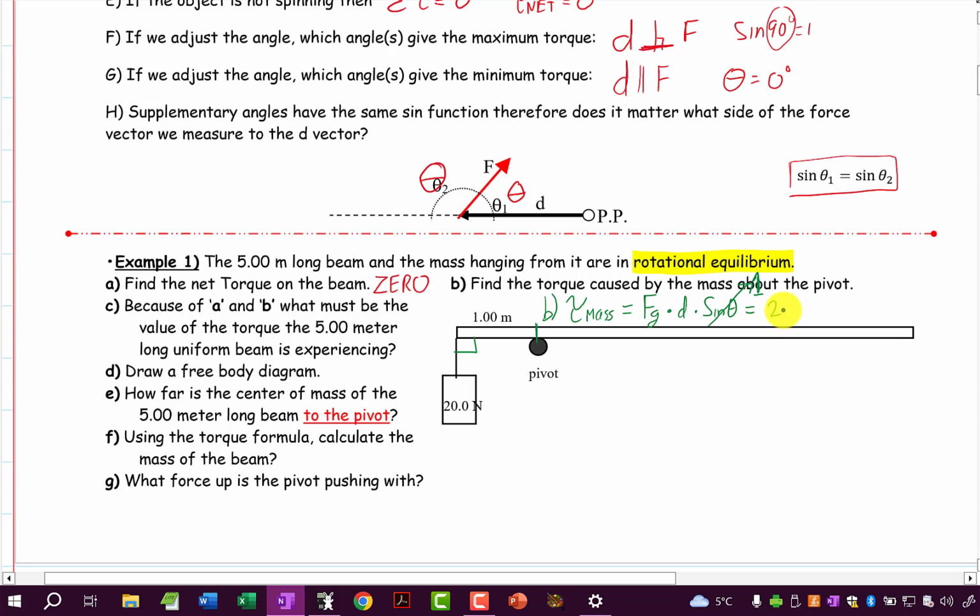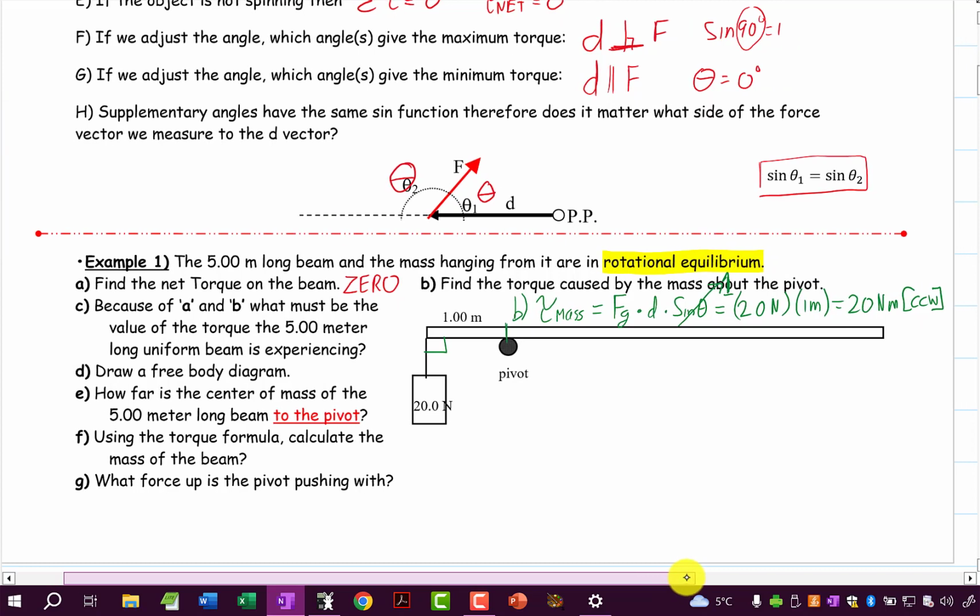Its weight is 20 newtons, and how far away it is from the pivot point is 1 meter. So the torque is 20 Newton meters counterclockwise. That's the torque caused by that 20 Newton mass.